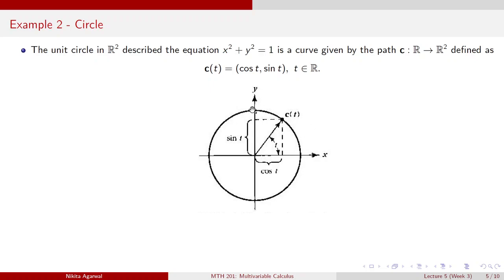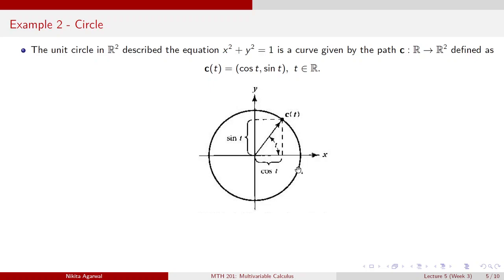Now this picture can be obtained using the path C from R to R2 defined as C(t) equal to (cos t, sin t). As t varies over R, you get points on this circle.